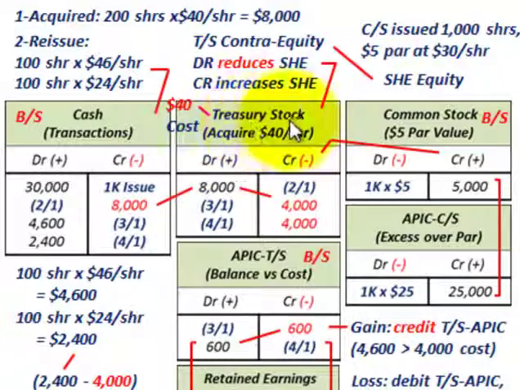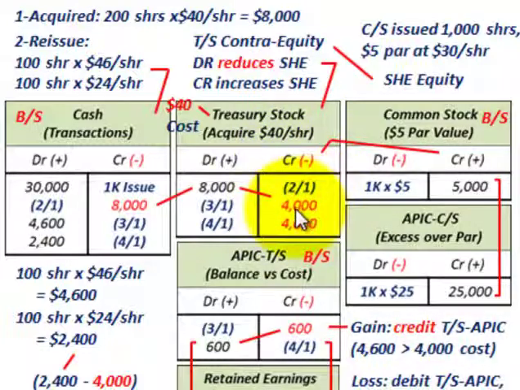Now moving over to our treasury stock account. The $40 per share is what it cost us to acquire this treasury stock. So that's our basis. On 3-1, those 100 shares that were reissued, we take times $40 per share. So we'd credit or reduce our treasury stock by $4,000.